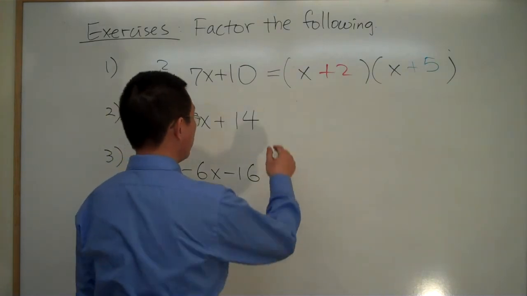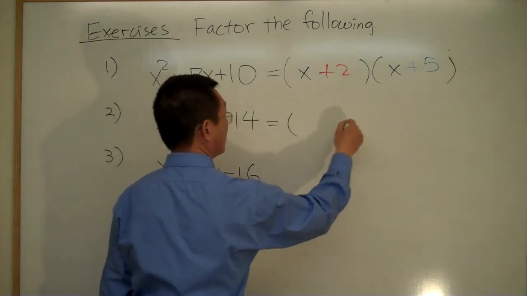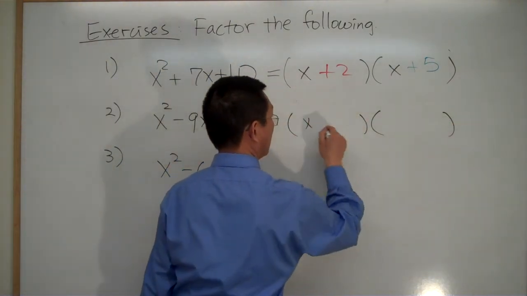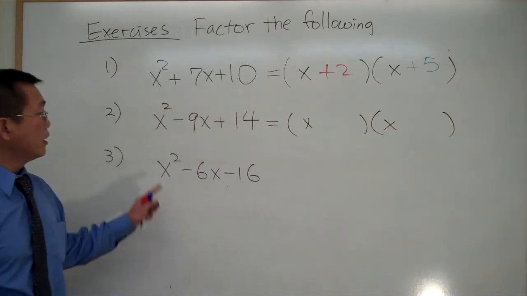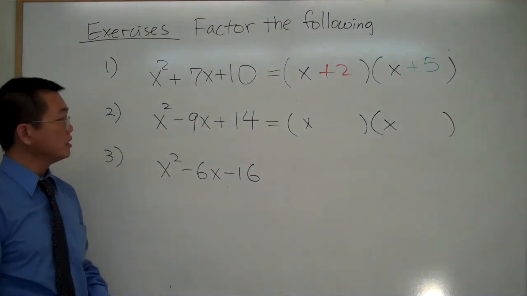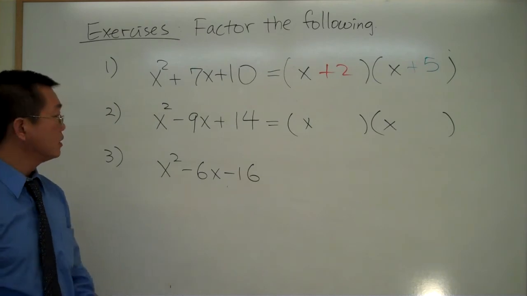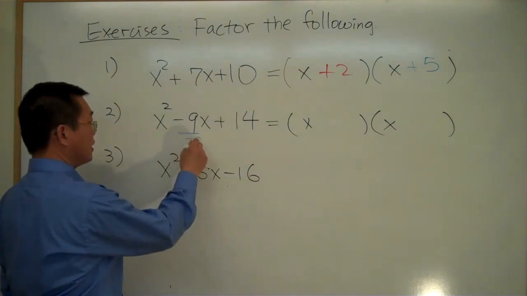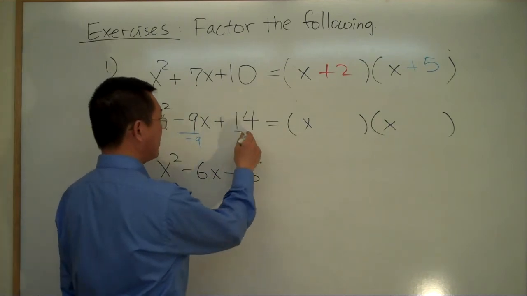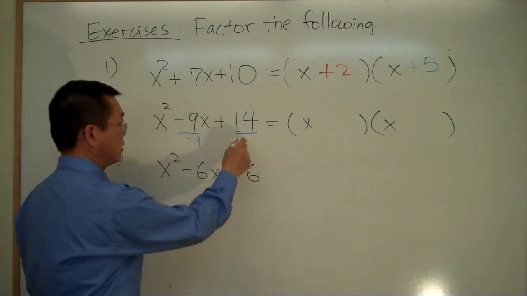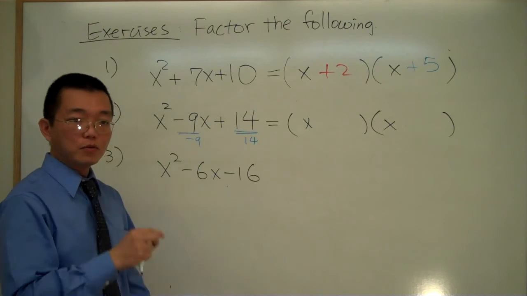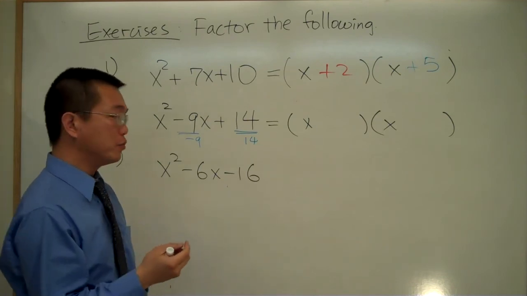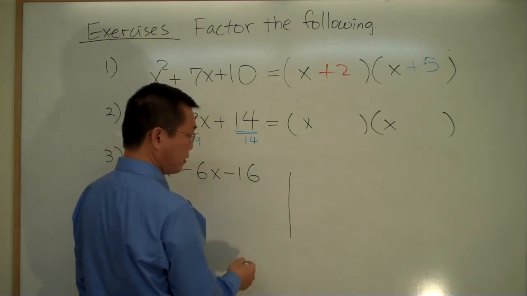Okay, now the second problem, x squared minus 9x plus 14. So say I look for 2 numbers, they total -9, but they multiply to be 14. Okay. Now to write 14 as a product of 2 numbers, we got barely a few choices.